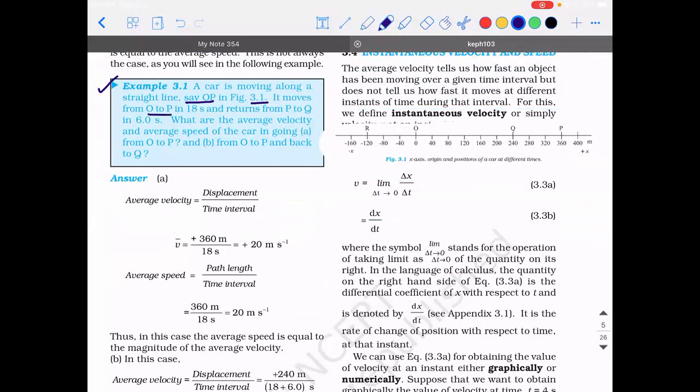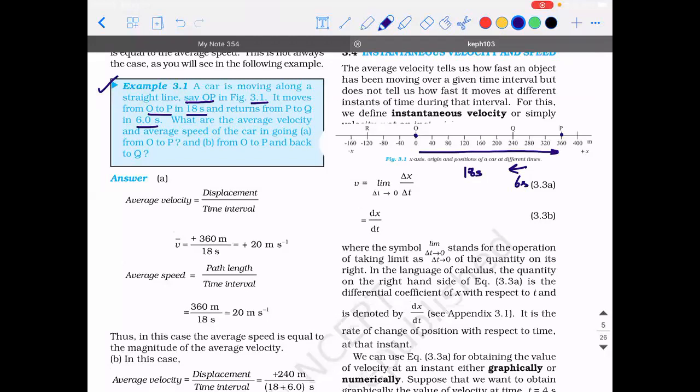It moves from O to P in 18 seconds and returns from P to Q in 6 seconds. What are the average velocity and average speed of the car in going from O to P and from O to P and back to Q?